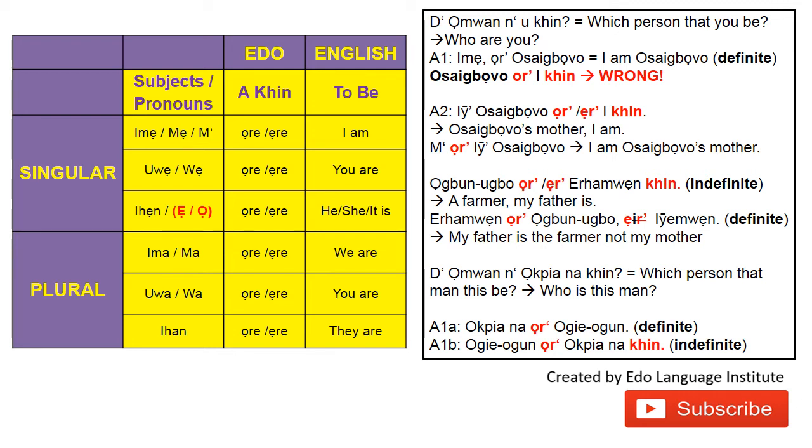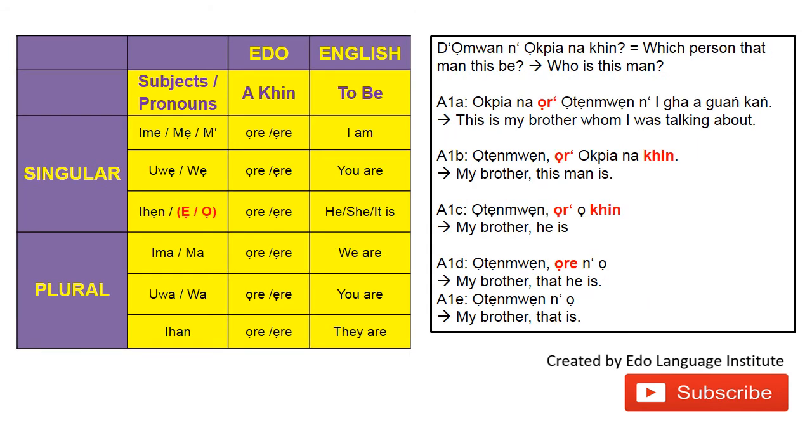On the next slide, we're taking the same question. Which person is this man, or who is this man? You can also say Obiana or Oteme. Oteme is my brother, because we're talking about a man here. But it could also be my relative.